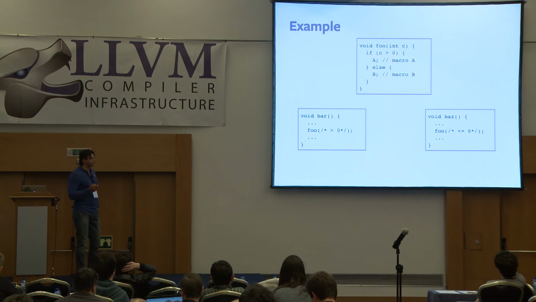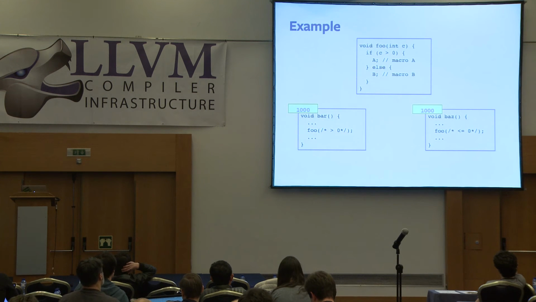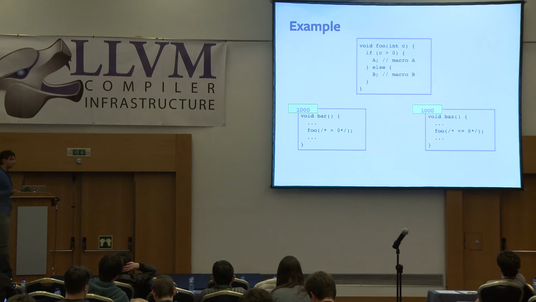And here's an example where you have information at the binary level about the execution count in the function. Let's say you know that functions bar and bars were executed exactly 1,000 times. And both of these functions call function foo, which has a condition, and there's a statement on both sides of the if-else.